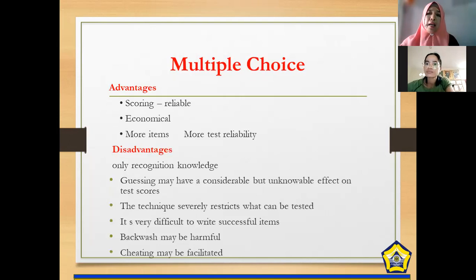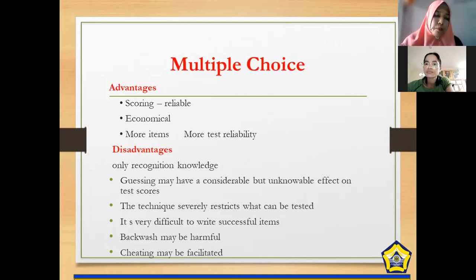Okay, so there are some advantages and disadvantages of multiple choice. For the advantages, the first one is that the scoring is reliable, and then it is economical, and the last one is that more items mean more test reliability. And then the disadvantages.